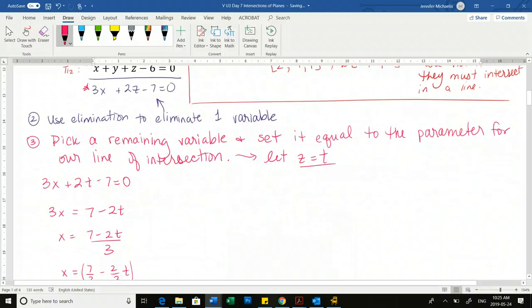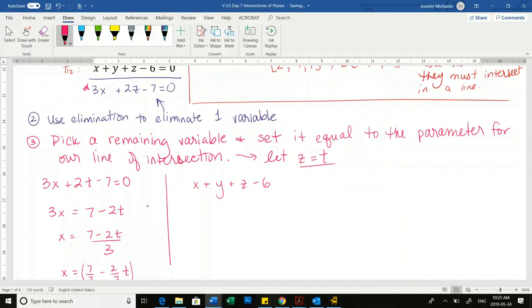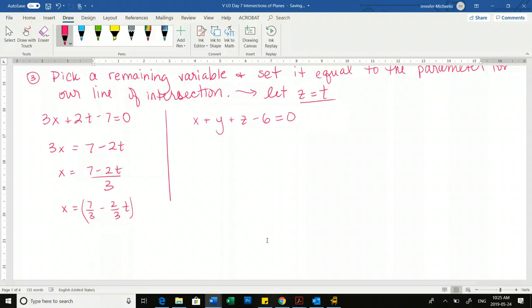So in my equation, x plus y plus z minus 6, we're going to get y completely in terms of t. I'm subbing this in for x here. y is y, we'll isolate for that in a second. z, we said we would let that be the parameter t. Then I'm just going to isolate. We'll combine the t's and all of these things, and then simplify.